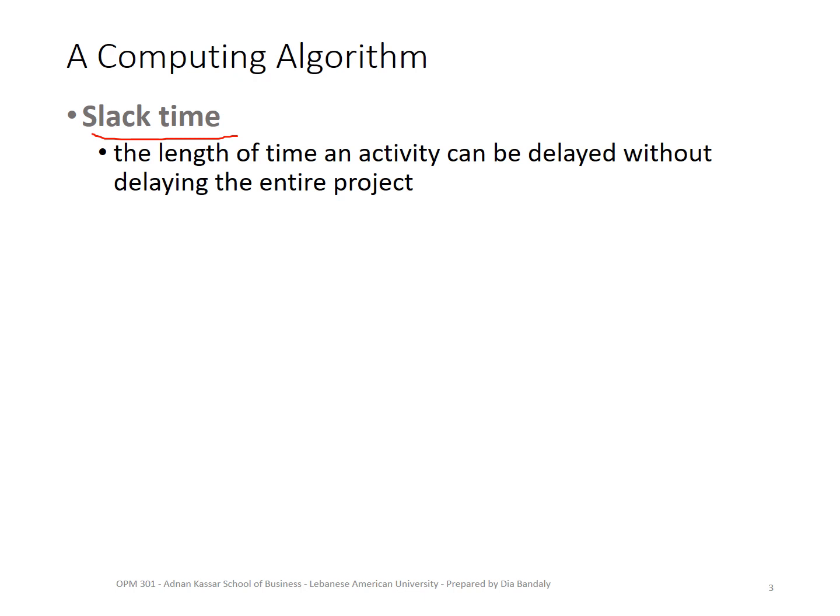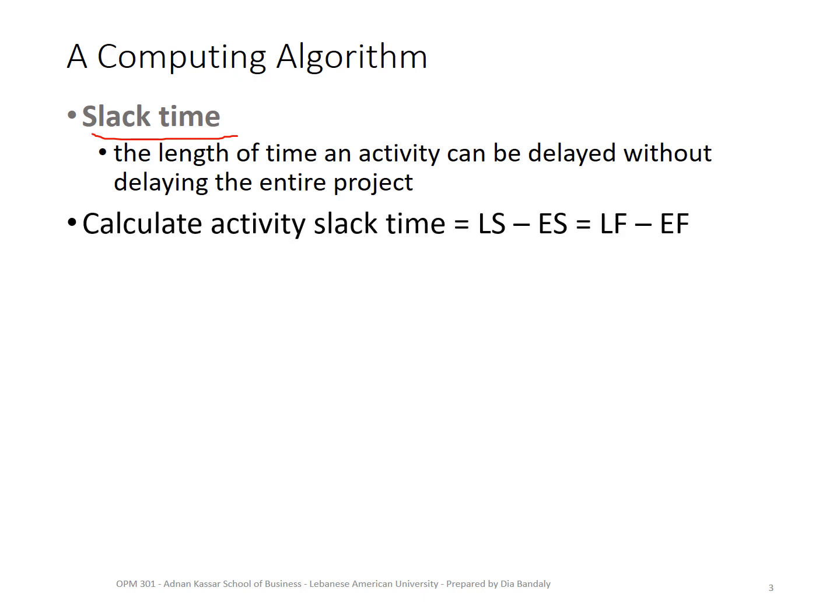So it's very important to identify the slack time of every activity in all the projects. Okay, so how do we do it? It's very easy, as you could have started having the feeling of it when we were doing the backward pass. The slack time is the difference between the latest start and the earliest start, and would be exactly the same as the difference between the latest finish and the earliest finish. You have exactly the same value here.